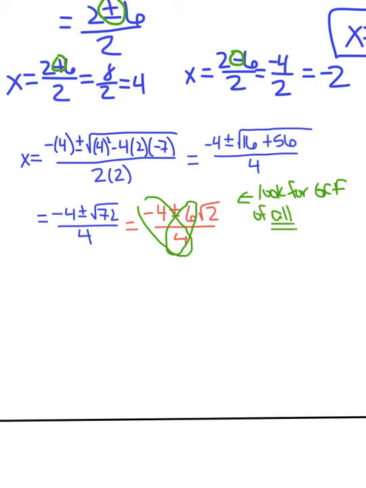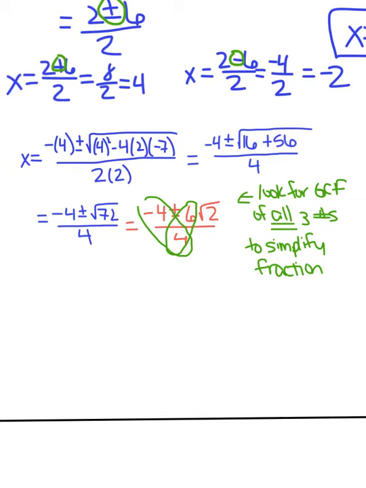Has to be all 3 numbers. Right? If there's not a number there, it's a 1. If there's not a number in front of the radical, then the number is a 1. So that would be that the GCF would just be 1, right? So for all 3 numbers, to simplify the fraction, because we want to make sure our fraction's simplified as much as possible.